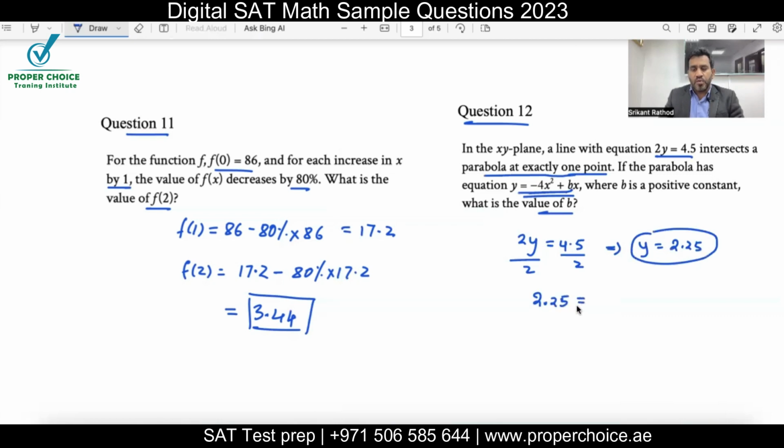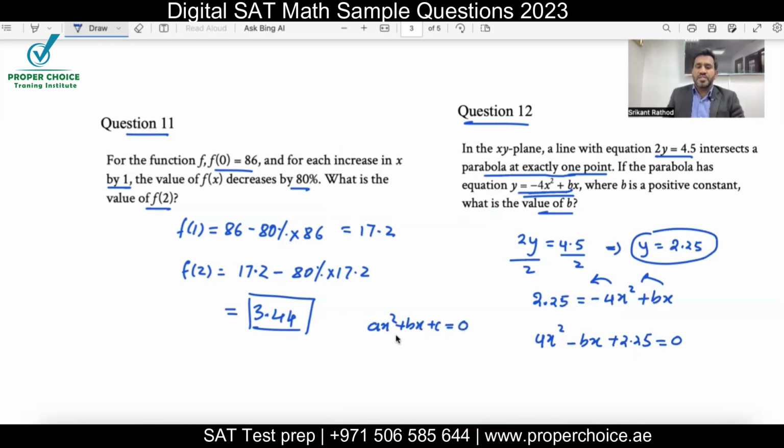Substitute this value of y into the equation of the parabola, and the equation becomes 2.25 = -4x² + bx. If you rearrange this equation by taking these terms to the left side, regardless, it becomes 4x² - bx + 2.25 = 0, and this is a quadratic equation of the type ax² + bx + c = 0.